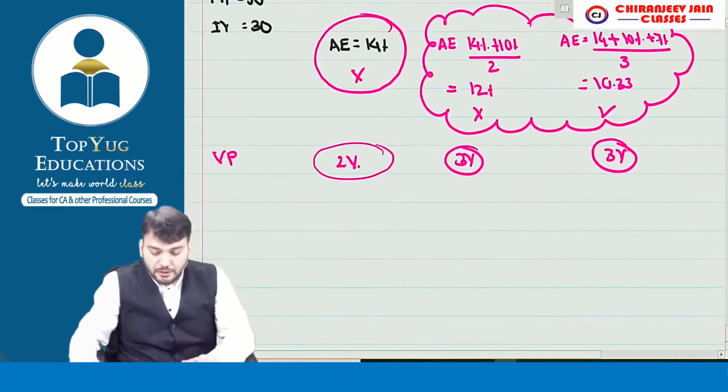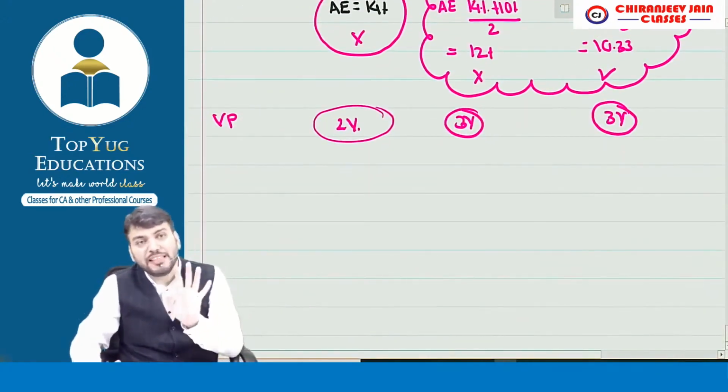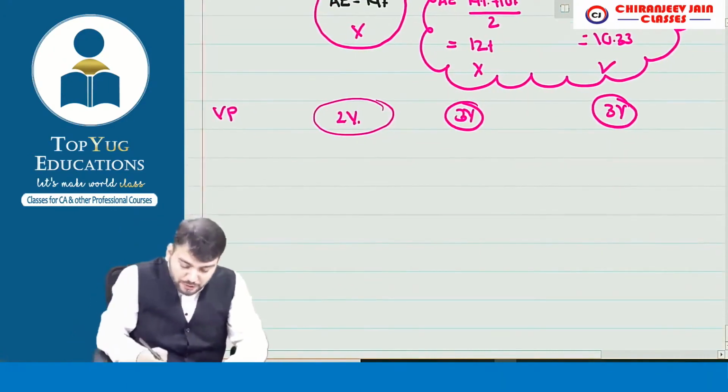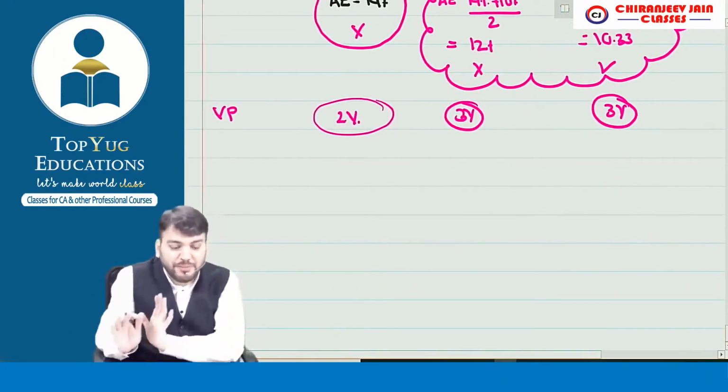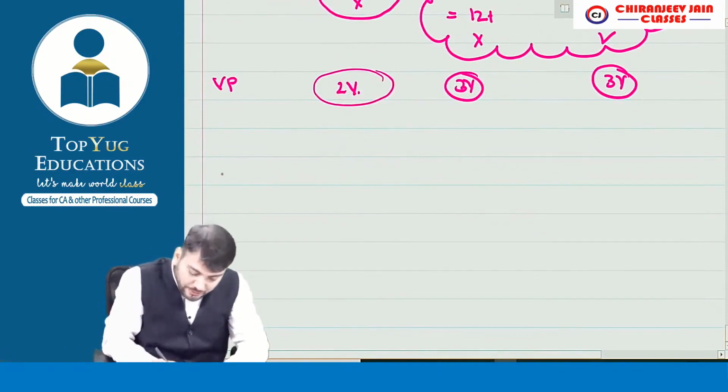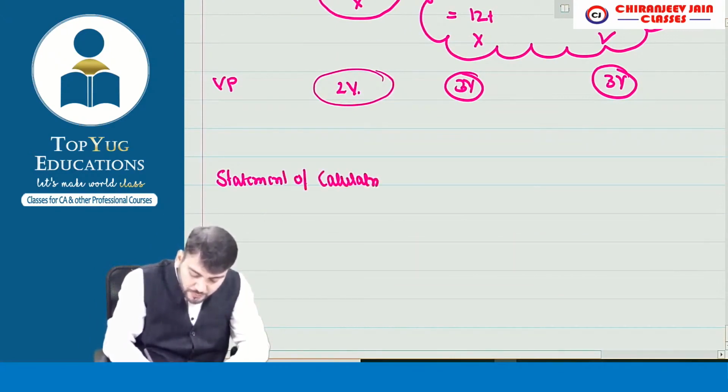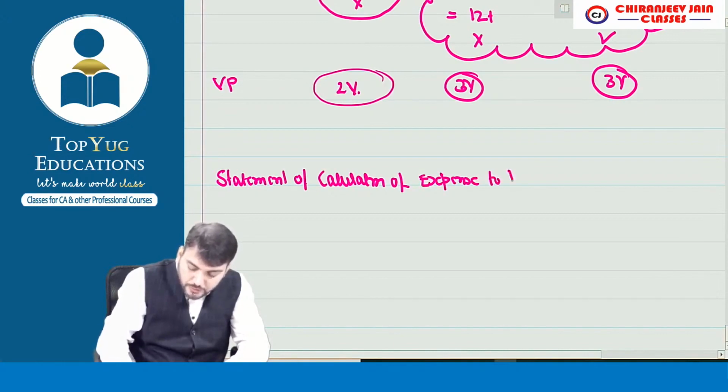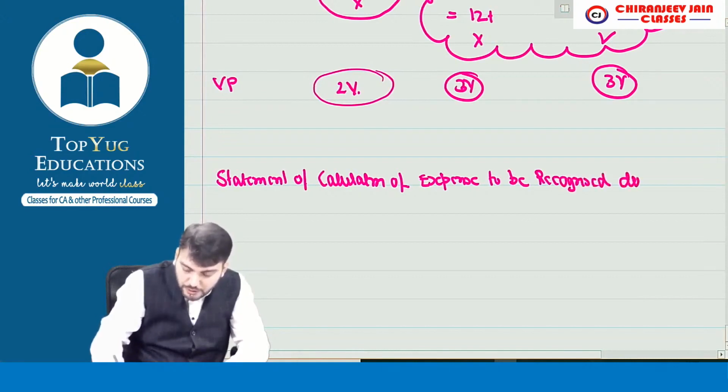Correct. Now, whenever in exam they ask only calculation of expense, so always do calculation of expense in some proper way. So I'm just giving you the statement right now. Statement of calculation of expense to be recognized during what?